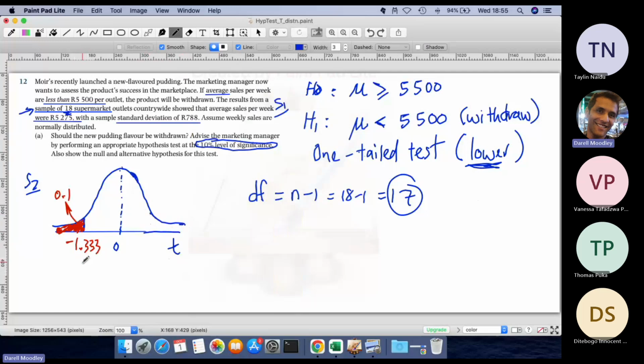Just like before, anything to the left of minus 1.333, we reject H0, because that's our rejection region. Anything above minus 1.333, we accept H0.